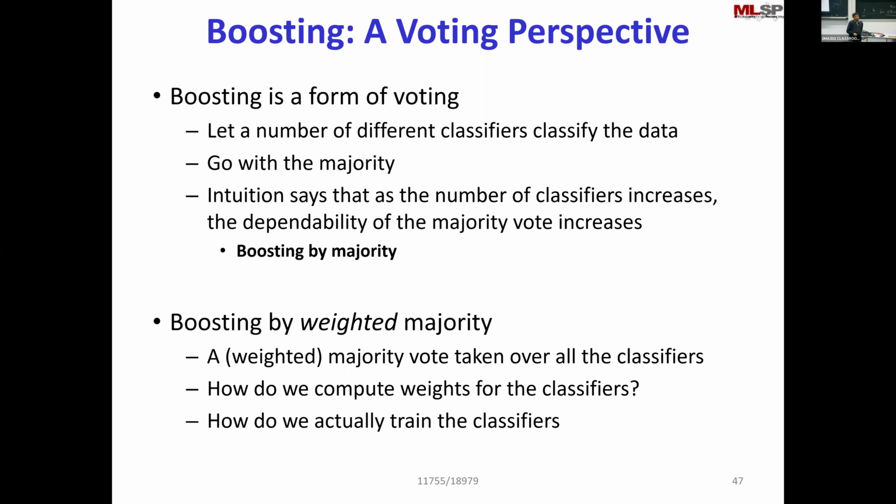But we're going to be performing boosting by weighted majority. And so you take a weighted majority vote over all the classifiers. What's the key bit? The important question becomes, how do you determine these weights? Where do they come from, right? So if I were to ask any of you, can you give me a mechanism to determine these weights? Johnny, suggest something.